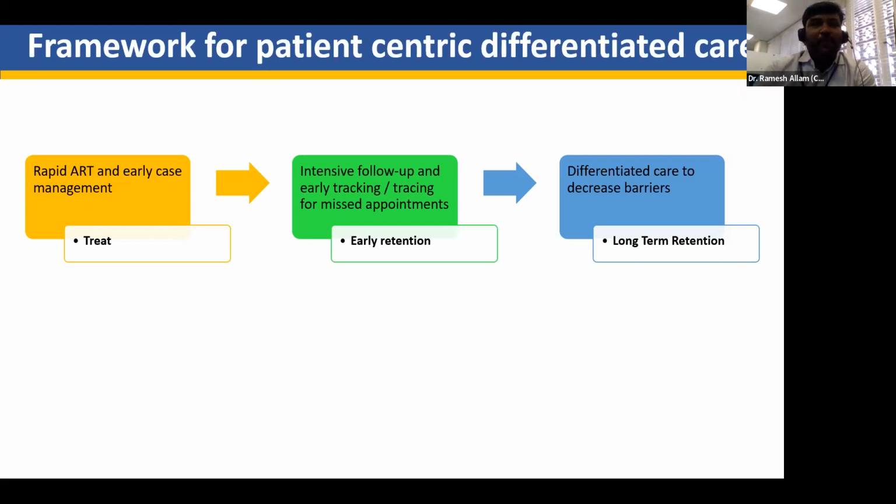So if I ask you where differentiated care actually comes in, it's not just after completing 6 months; even that 6-month package that you're providing is a differentiated, specific care to prevent LFU and death among the patients who are recently initiated on ART.